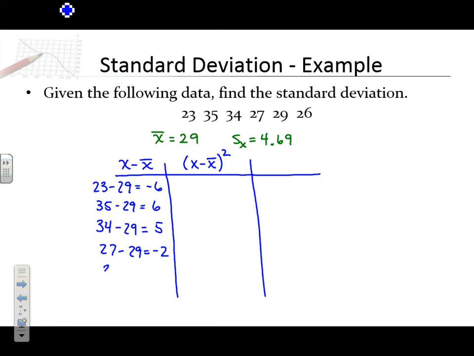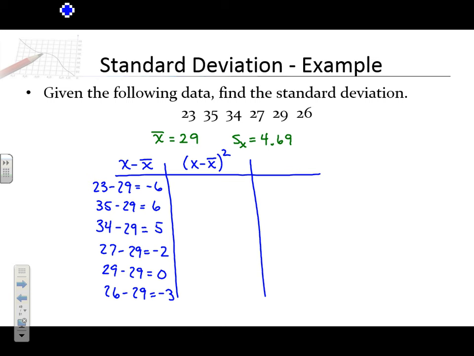Okay, 29 minus 29, 0. And then 26 minus 29. Okay. So the first step, just find those deviations. How far away from the mean is every point, and in what direction? So we do want the negatives in there, because that tells us it's below the mean, or a positive tells us it's above the mean.